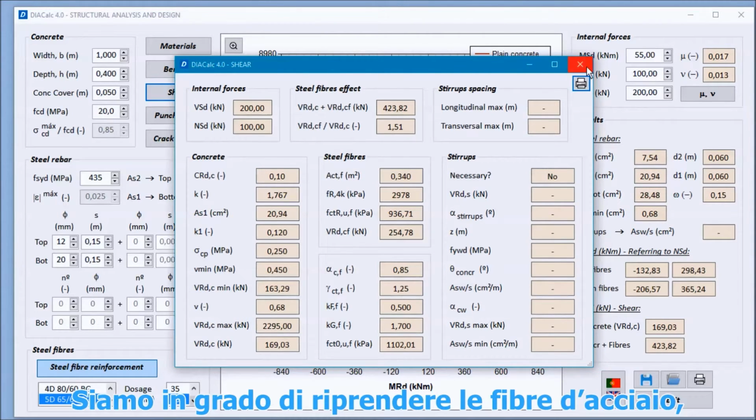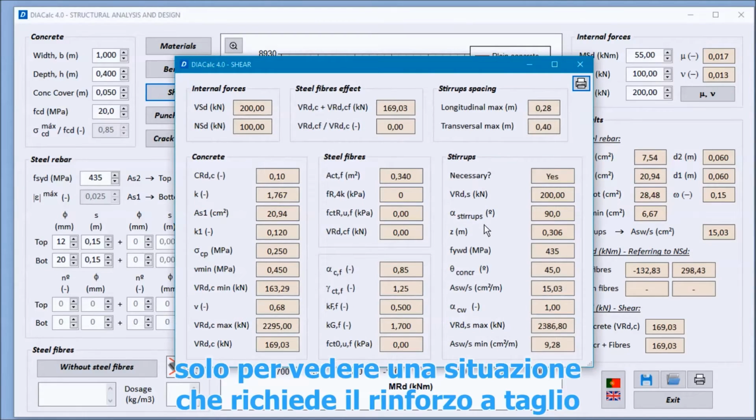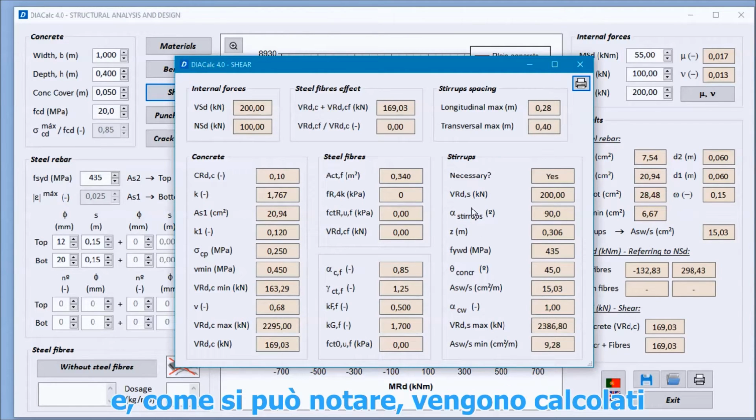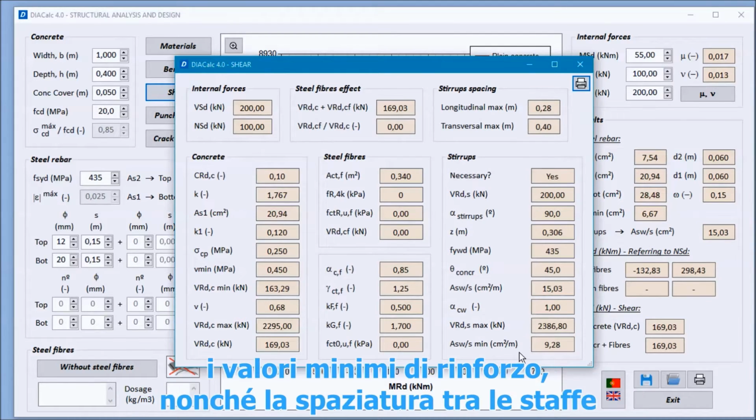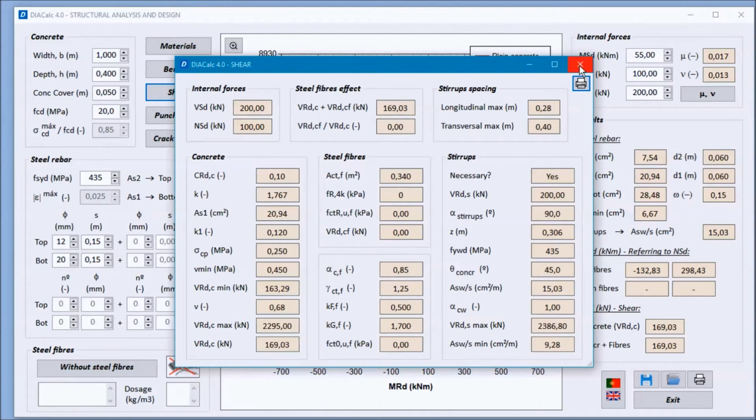We can take out the steel fibers just to see a situation that requires shear reinforcement. And as can be seen, minimum reinforcement values are also calculated, as well as stirrup spacings, and all the intermediate parameters are shown.